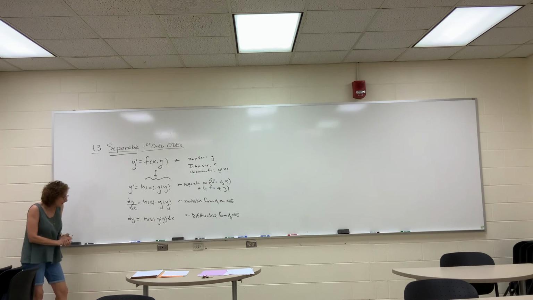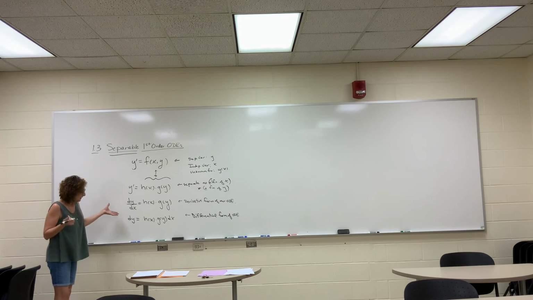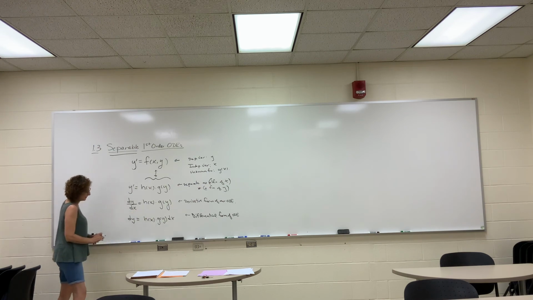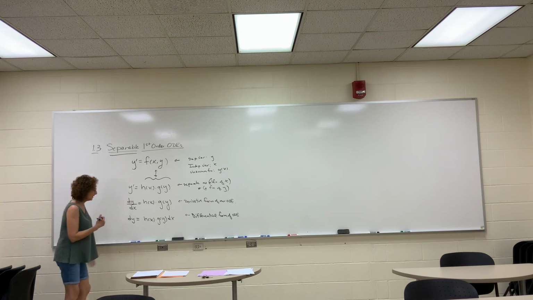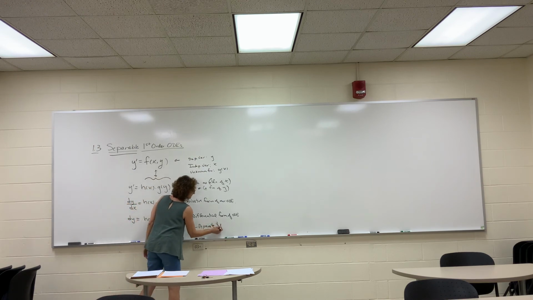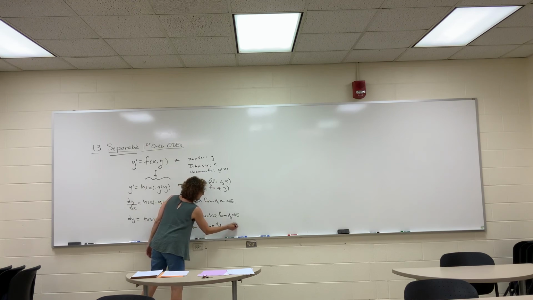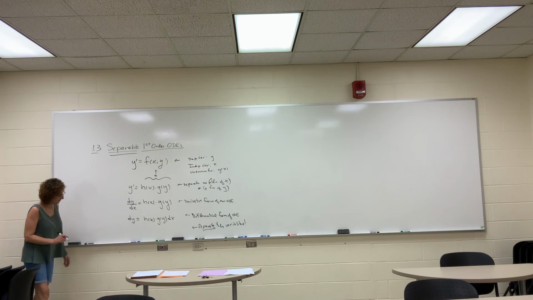Well, now the goal is, well, can I utilize the idea of this differential form to get everything with an x on one side and everything with a y on one side, right? So I want to separate the variables, thus the name. Okay, separate the variables.